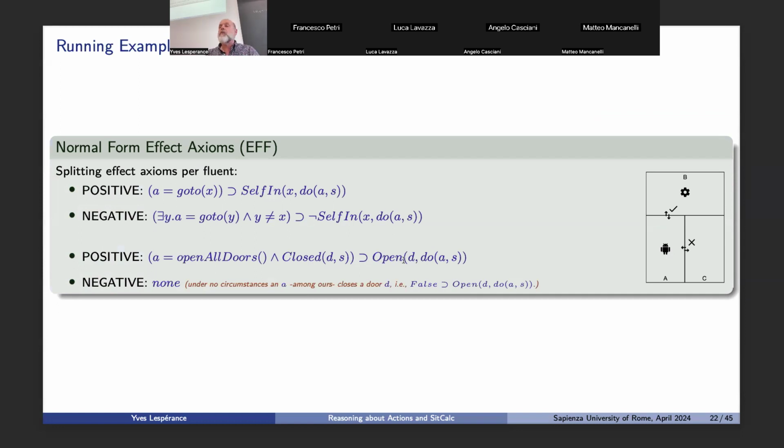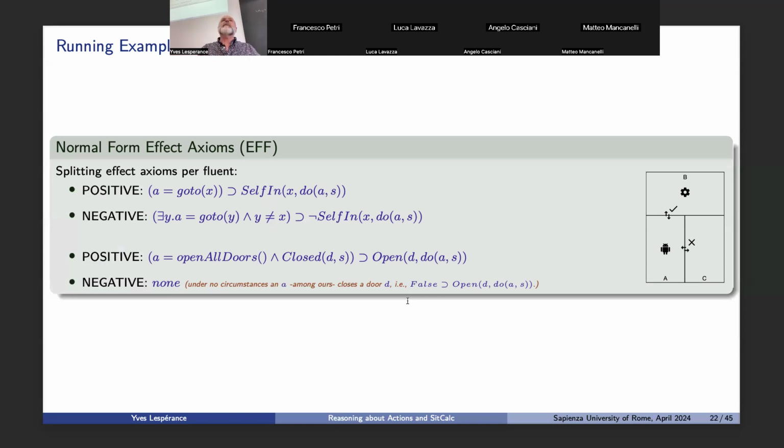For open door, what are the actions that can make this become true? Well, open all doors, when the door is closed. If it was already open, it's not making it open; it was already open. Can anything make open door become false?